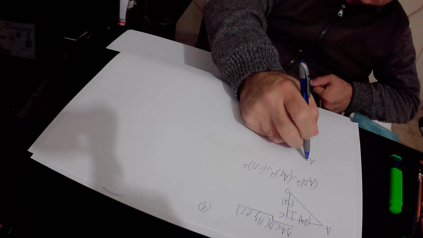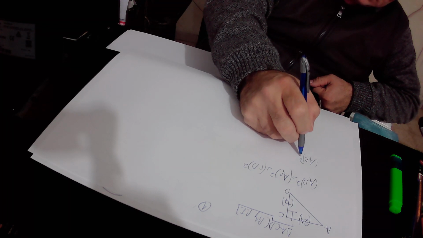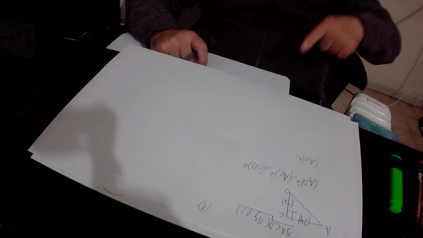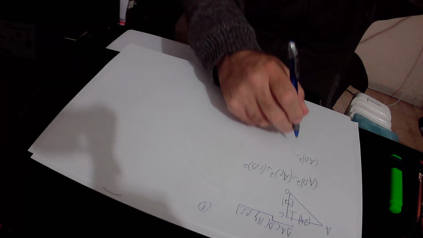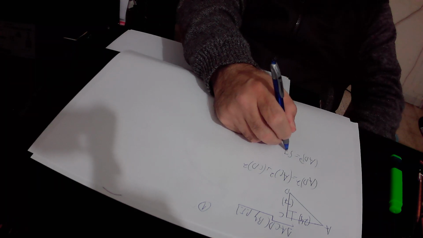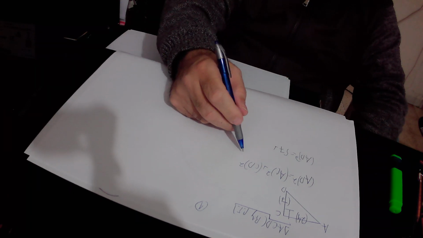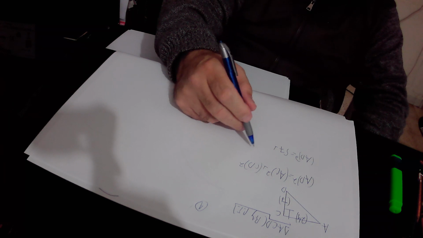So AD square equals AC square. AC is 24, therefore AC square is 24 squared, that is 576, plus CD square. CD is 7, therefore CD square is 7 squared, that is 49.